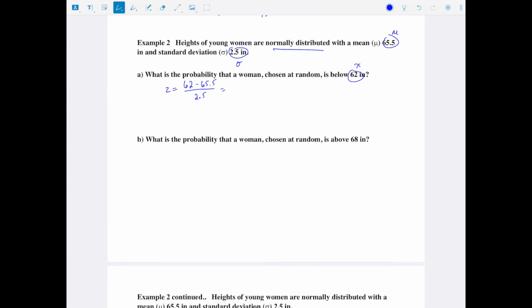So 62 minus 65.5, divided by 2.5, gives negative 1.4, and the 4 repeats itself. So she's below average. We saw that already.